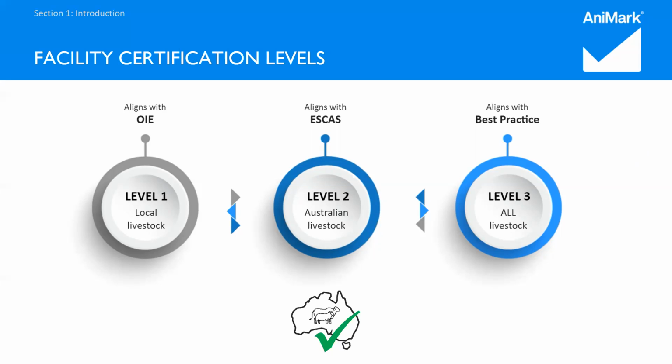Level 1 reflects the guidance provided in the OIE, and certification against Level 1 can be sought for local livestock being handled by facilities. Level 2 is considered SCAS equivalent, and all livestock from Australia must be managed through facilities that are certified to our minimum Level 2. Level 3 provides a pathway for all participants in the program to achieve higher standards through the attainment of world's best practice.